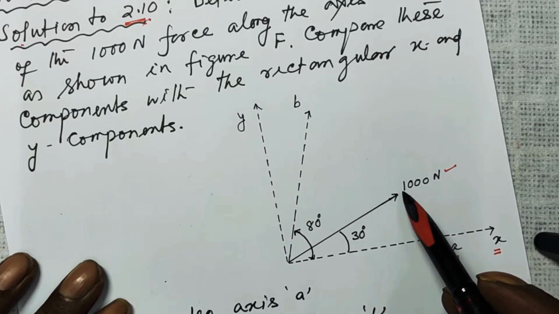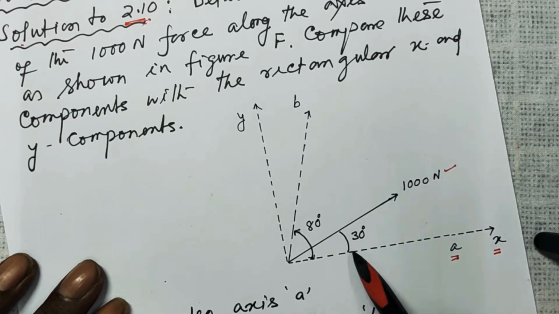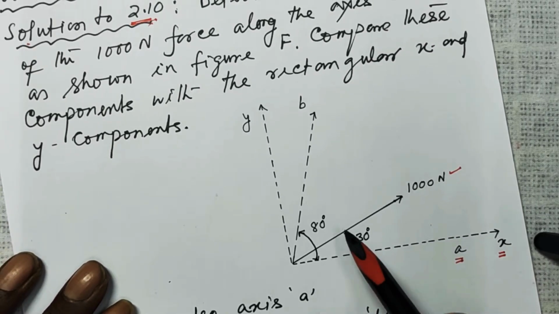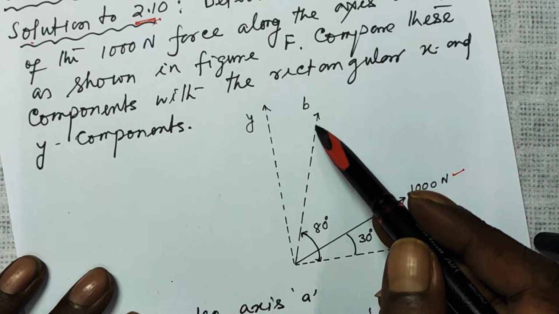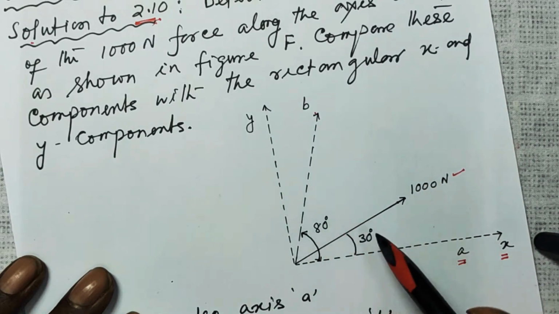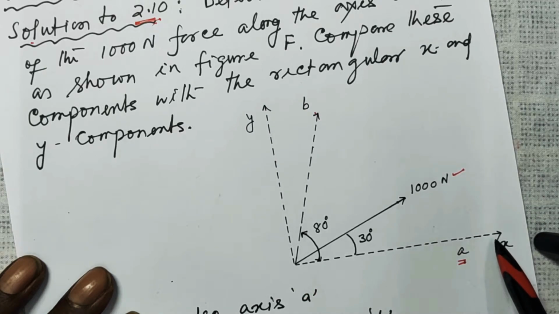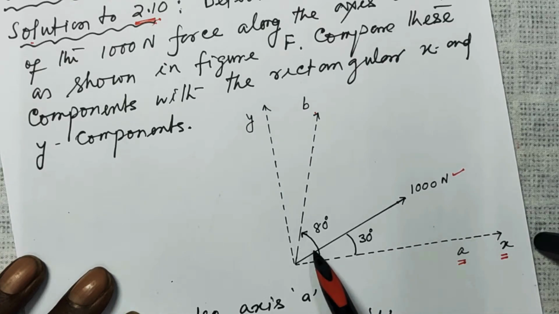This 1000 Newton force is making 30 degrees with the x-axis, that is the same as the A-axis. There is another axis B, which is not along the y-axis. This axis B is making an angle of 80 degrees with your x-axis or A-axis.